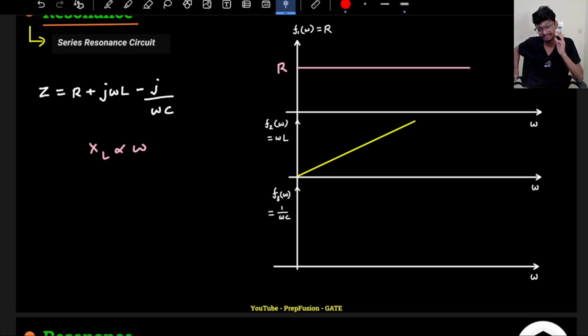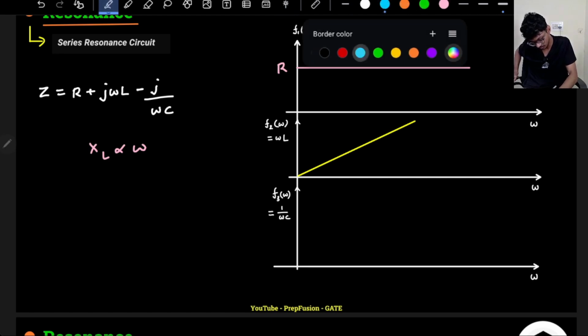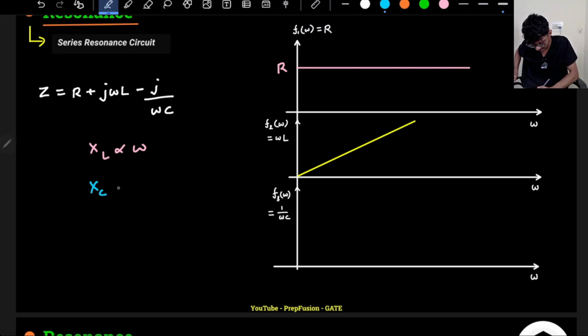So what will happen to the capacitive reactance? I will just take the blue color. Capacitive reactance is inversely proportional to omega. How is the graph?